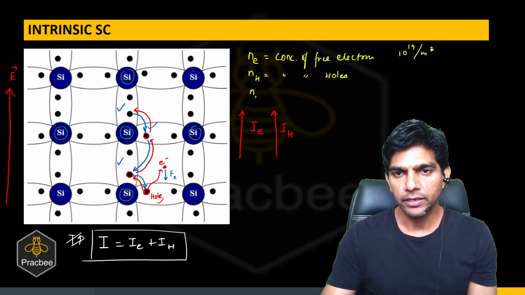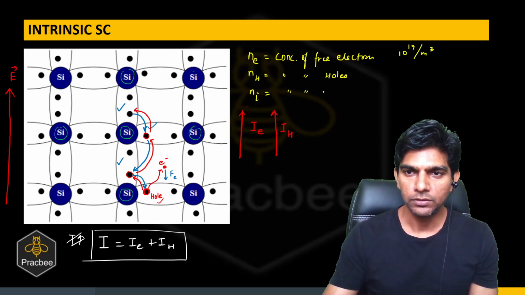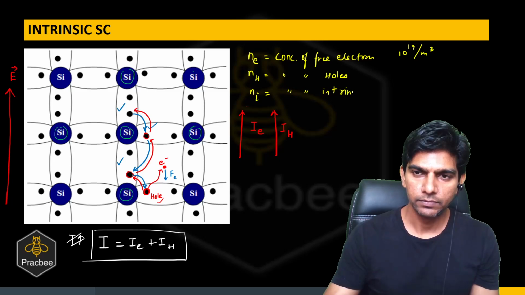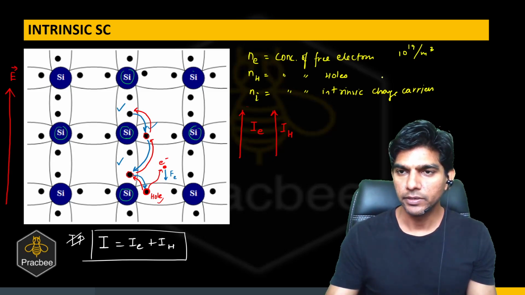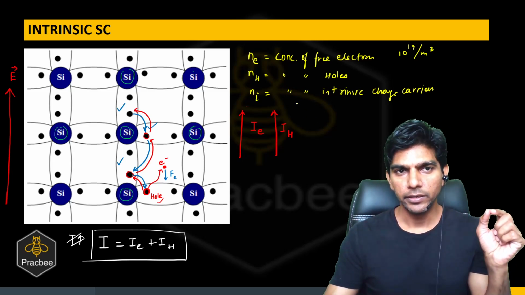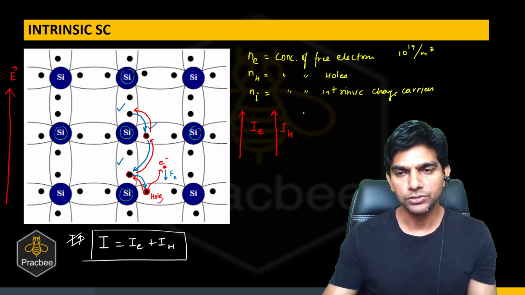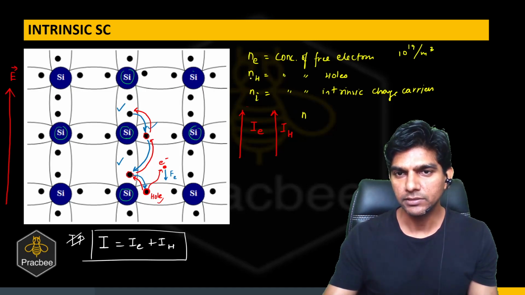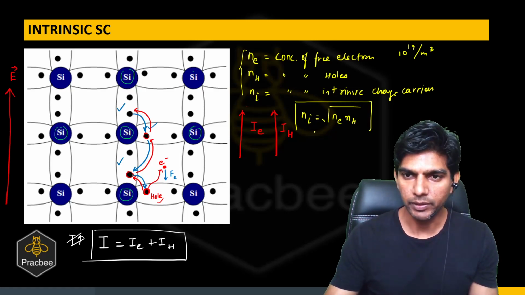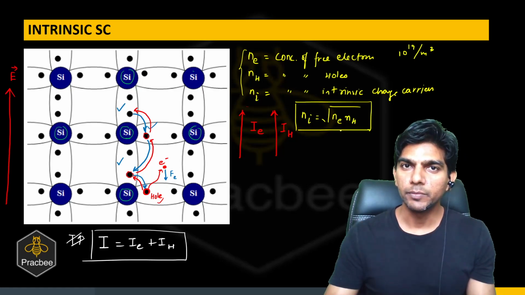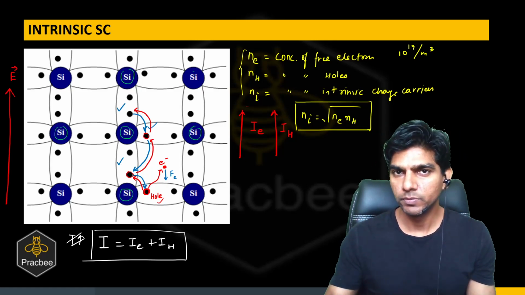And Ni is the concentration of intrinsic charge carriers. So in semiconductors, there is a relation between these three physical quantities. Ni is nothing but the square root of Ne times NH. This relation we have to remember, and it is applicable whether we have a pure semiconductor or a doped semiconductor.